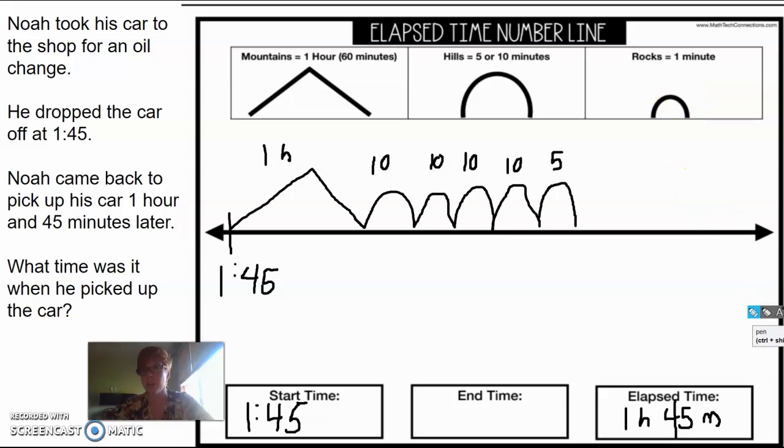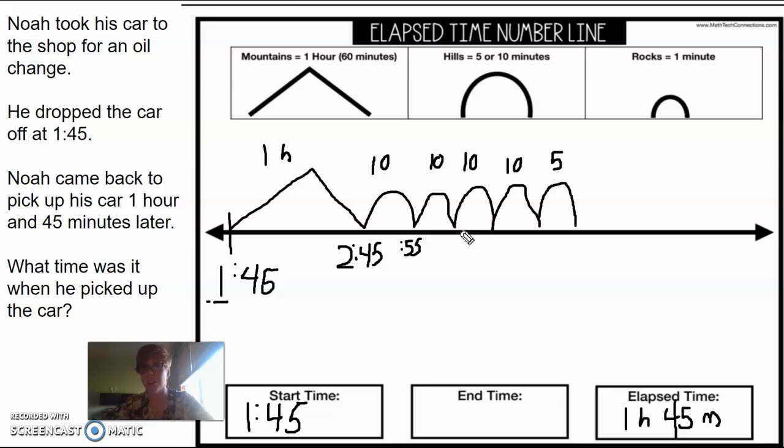So let's add up some time together. So 1 hour added on to 1:45. What's the next hour? That would make it 2:45. Now we're going to add 10 minutes. 45 plus 10 is 55. 55 plus 10 is, this is where it gets tough.